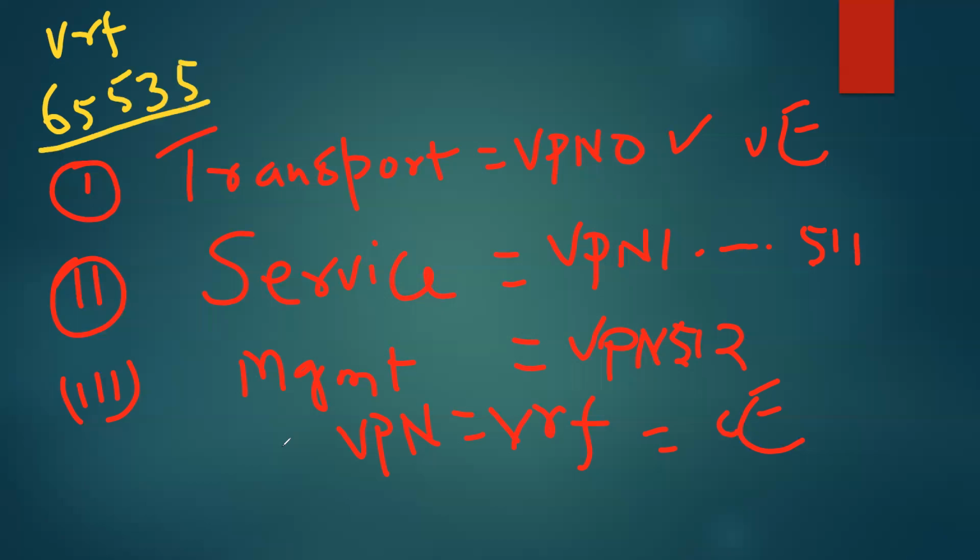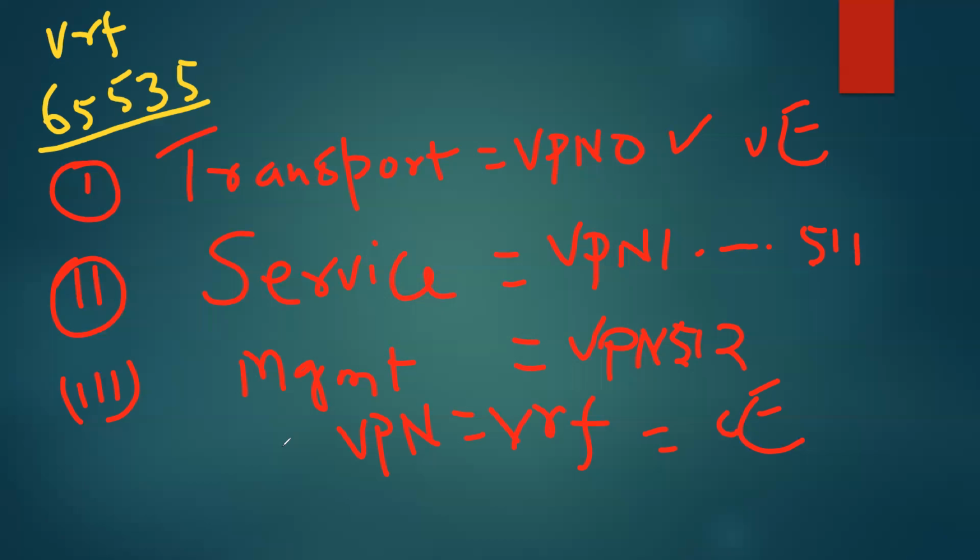These many VRFs or VPNs you can create. Now, someone has asked the vendor whether the device can support these many VRFs. The answer is no, because then they will ask why you need 65,000 VRFs.